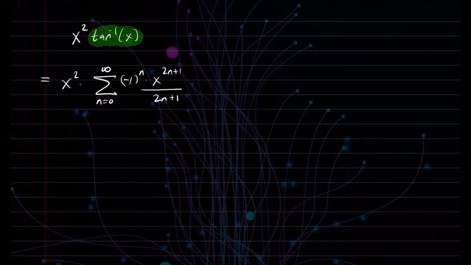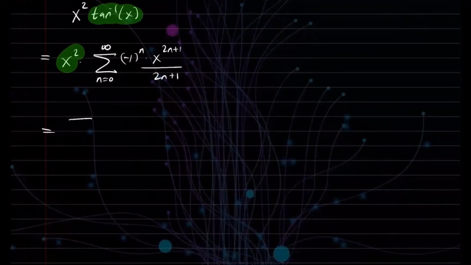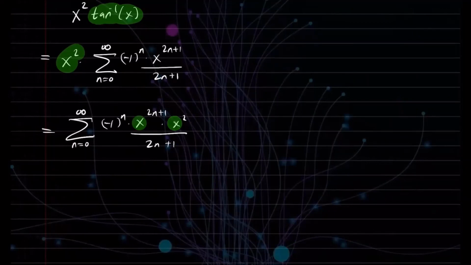Now, we're just going to go ahead and push this inside the summation. So then this will give us the sum starting from n equals 0 to infinity of -1 to the n times x to the 2n plus 1 times x squared all over 2n plus 1. And here, by laws of exponents, you can add up their exponents.